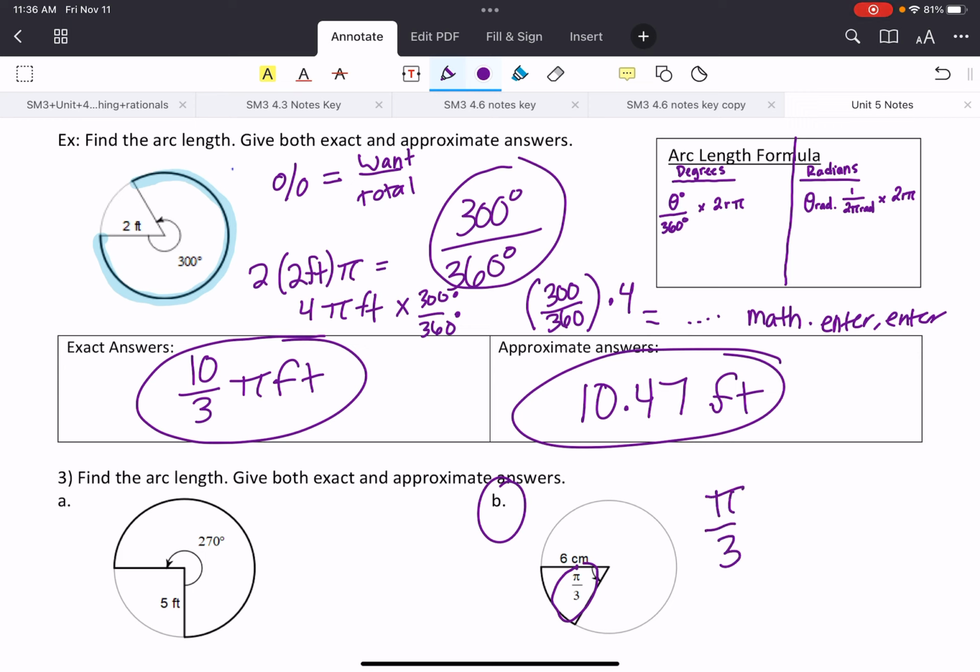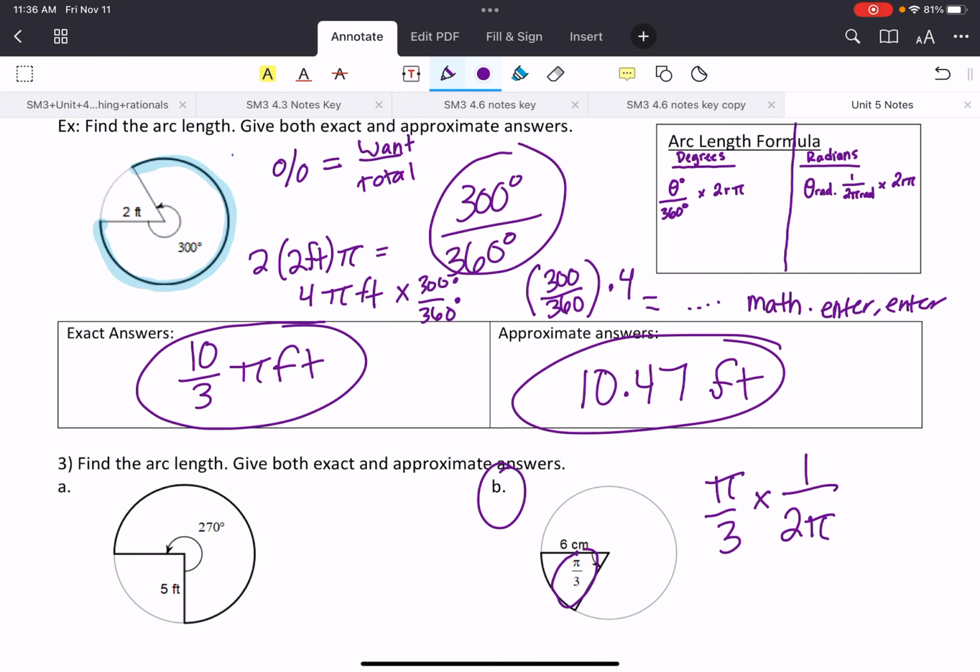You're going to multiply that by 1 over 2 pi, and then multiply that by 2 times the radius times pi.